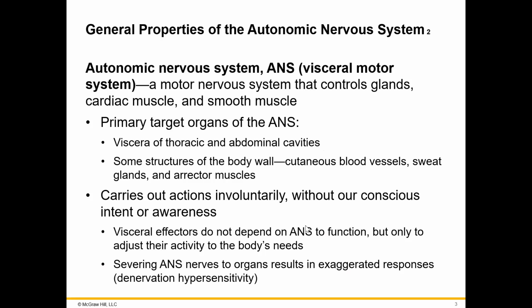Visceral effectors do not depend on the autonomic nervous system to function, but only to adjust their activity to bodily needs. So that means this gland that your autonomic nervous system is regulating, it's not like if there is no autonomic nervous system, it's not going to work.